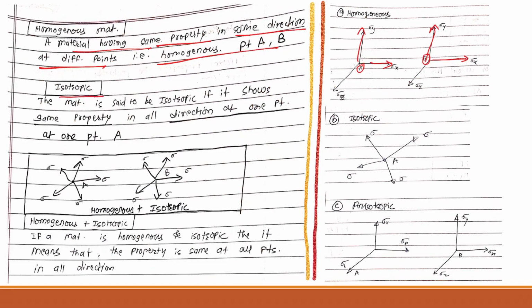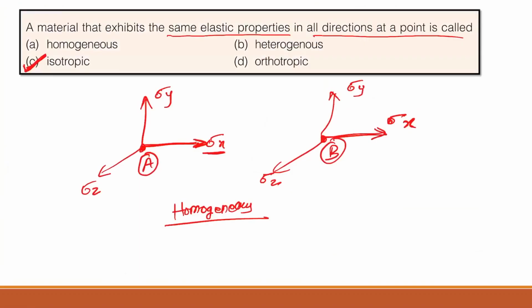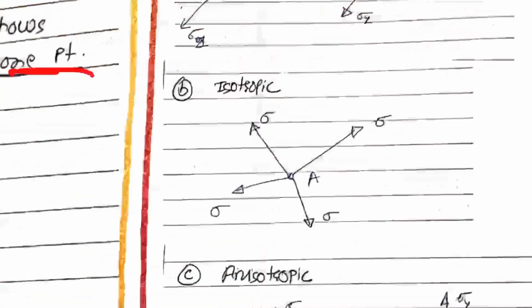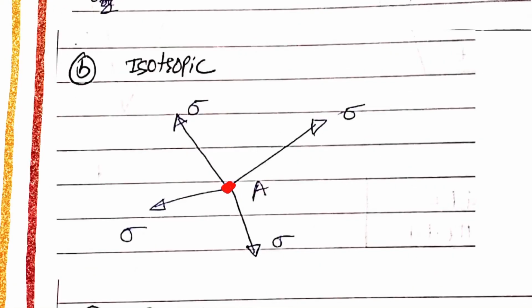For isotropic material, which is the answer to this question, it shows the same property in all directions at one point. So at one point, same property in all directions.